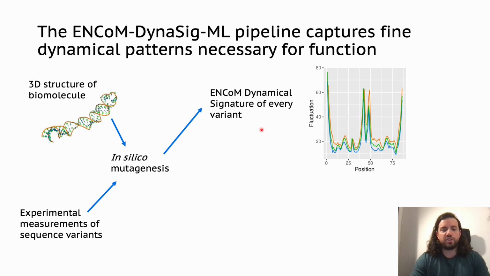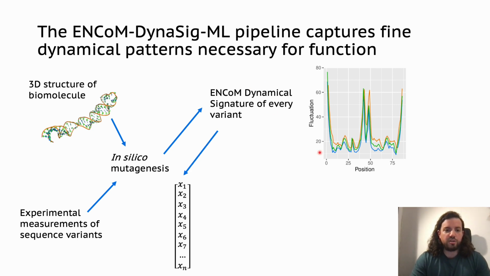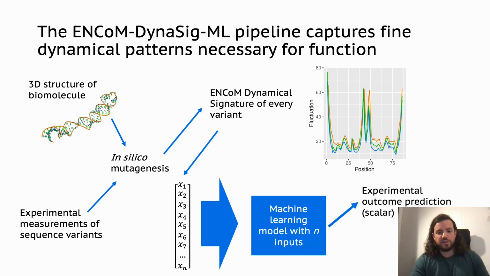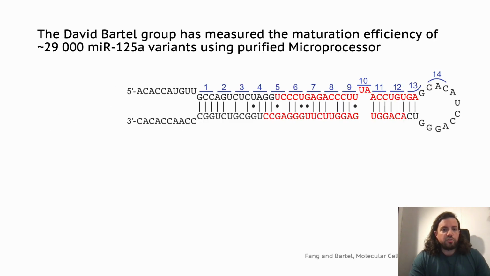Then for each of these sequence variants, we compute a dynamical signature, which is basically a vector. Then we feed this vector into a machine learning model which takes n inputs, and we train the model to predict the function.